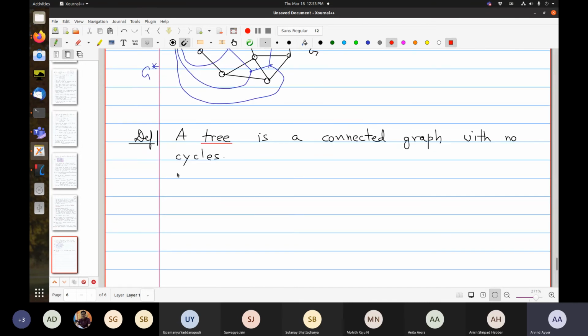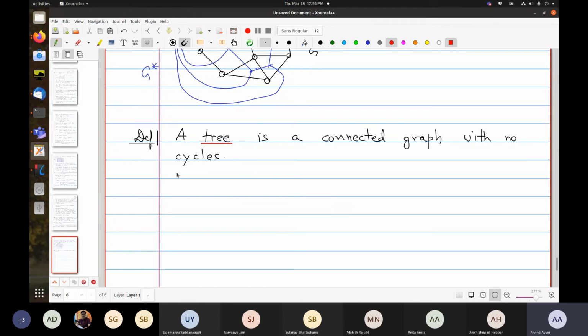There are very few trees compared to the total number of graphs, and they have very interesting structure. For example, if you have a tree on n vertices, it necessarily has n minus 1 edges. It cannot have any more or less, and that restricts the class. There are many nice theorems also, but I don't want to get into that.